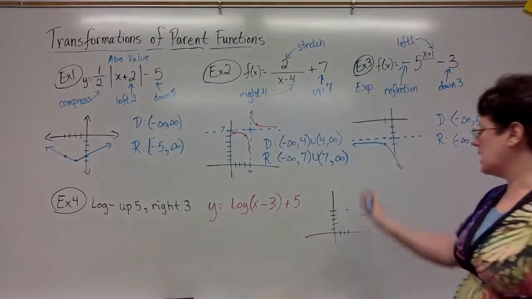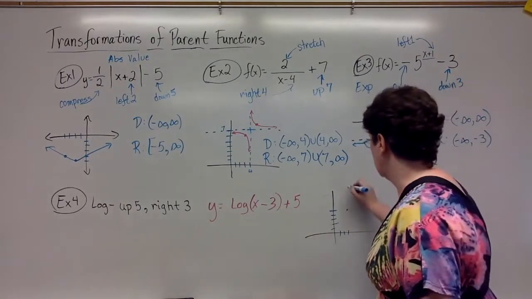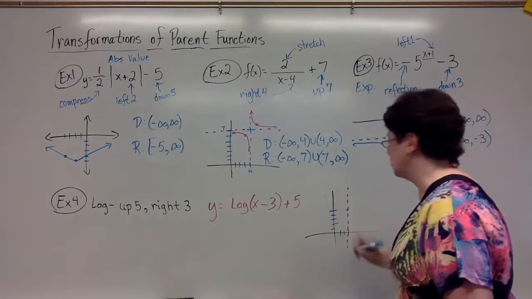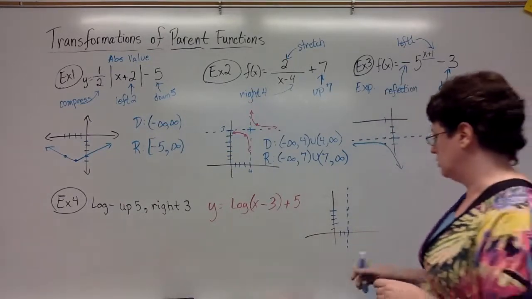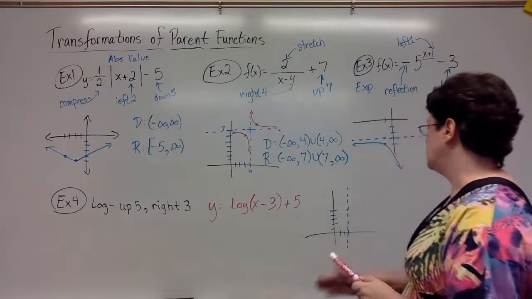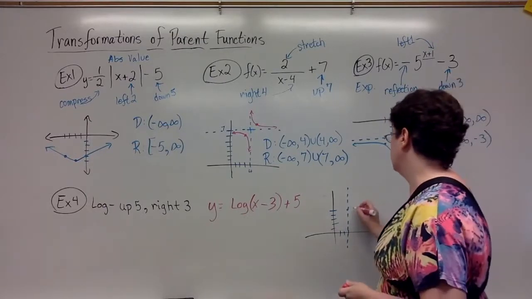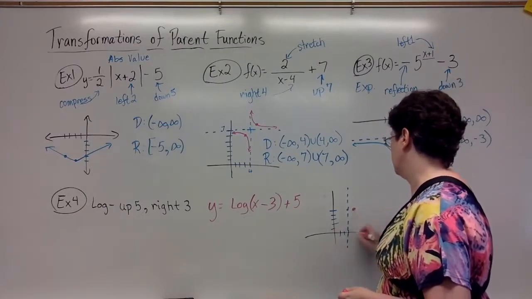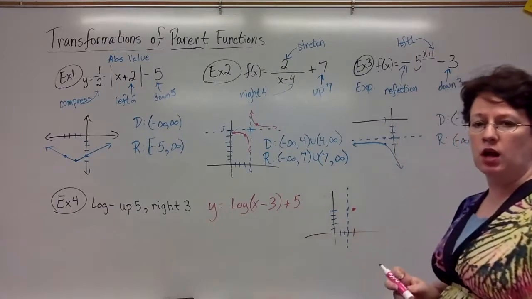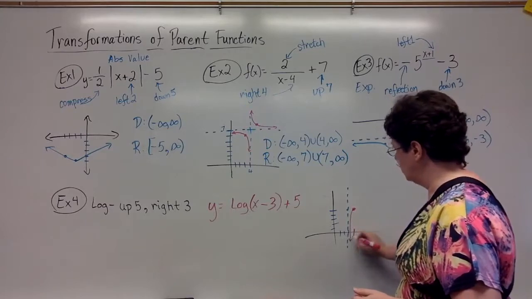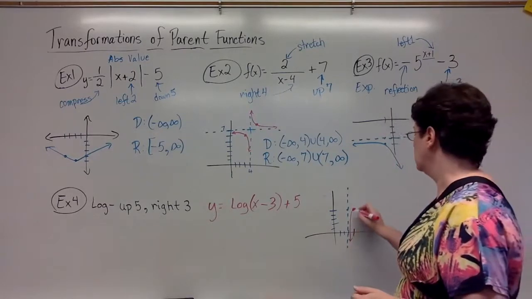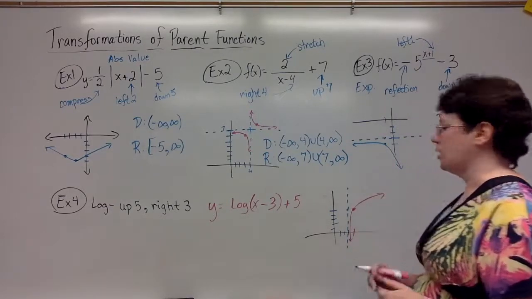The problem is that 3, remember for the log, is a vertical asymptote. So our curve is actually not going to touch that. Okay, we're going to go 1 to the right of that curve. And that's where my log goes through. So my log is going to come down. It's not going to touch that line. And then it's going to go up and out.